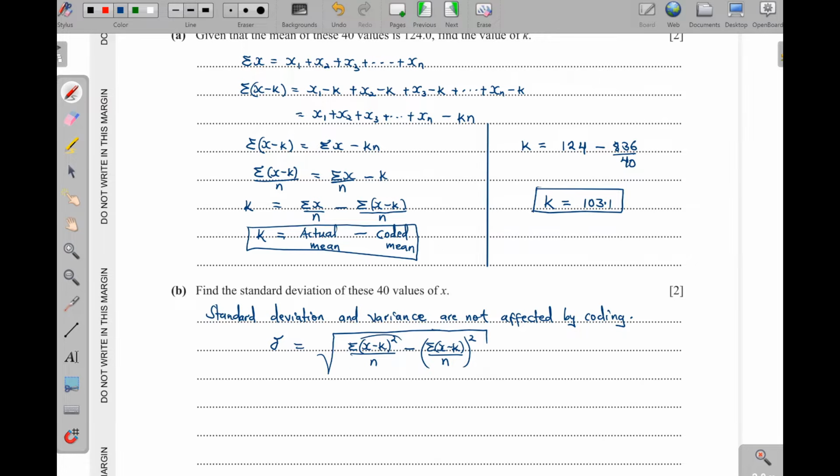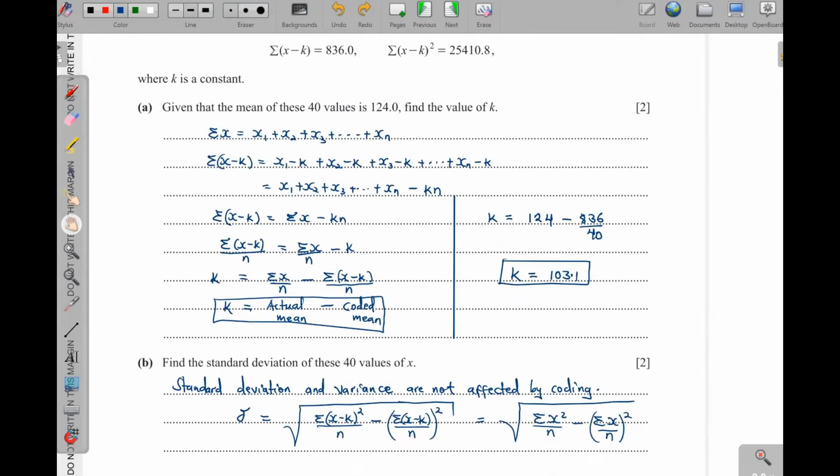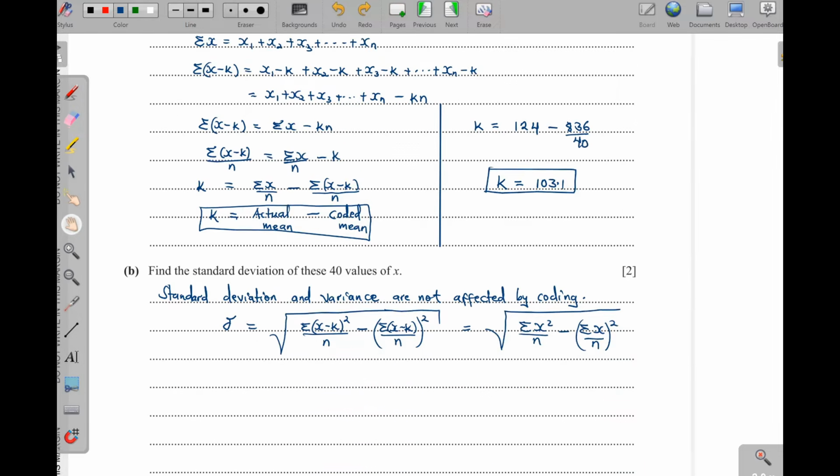If you are using coded data here, even here you are using coded data, this one actually gives the same value as summation of x squared out of n, minus summation of x out of n, squared. So you will get the same value. That's why I'm saying this is not affected by coding. Now I'm going to take this one here because we are given coded data. So this one for the square is given as 25410.8.